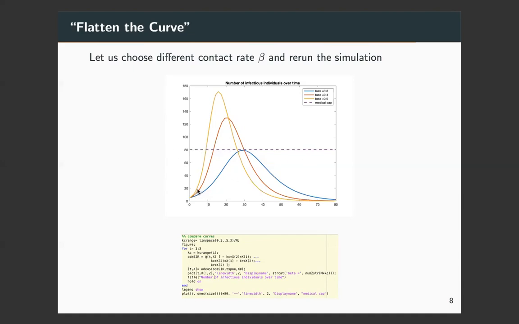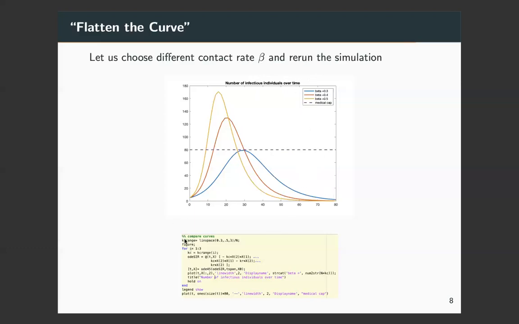So we would like to keep the maximum of infectious individuals low so that the infectious population will not overwhelm the medical system. That is why officials and doctors are asking us to practice so-called social distancing and stay at home as much as possible, so that we can lower the contact rate or effective contact rate between the susceptible and the infectious.